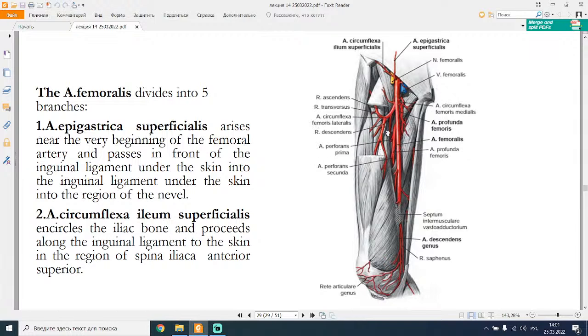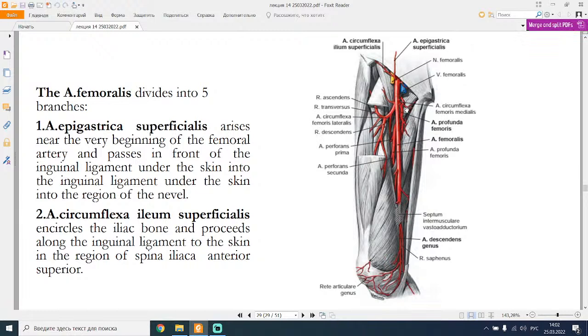Arteria epigastrica superficialis arises near the very beginning of the femoral artery and passes in front of the inguinal ligament under the skin into the region of the navel.